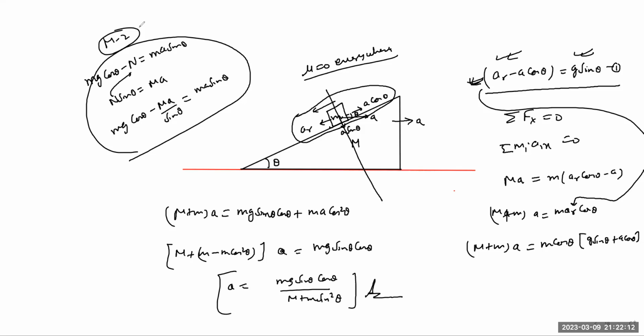It is up to you. And you can solve even 3 block, 4 block problems. Doesn't matter, whatever be the number of blocks, you can always solve in the ground frame, and pseudo force is not required. If you want, you can use it. Pseudo force is just a technique, a method.